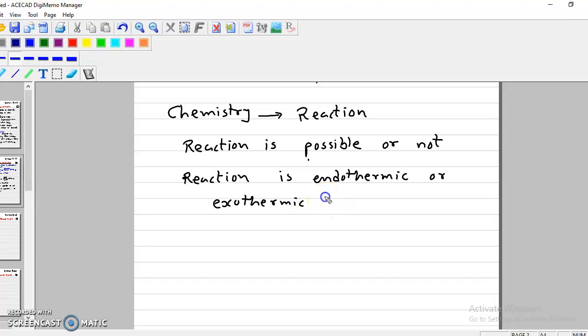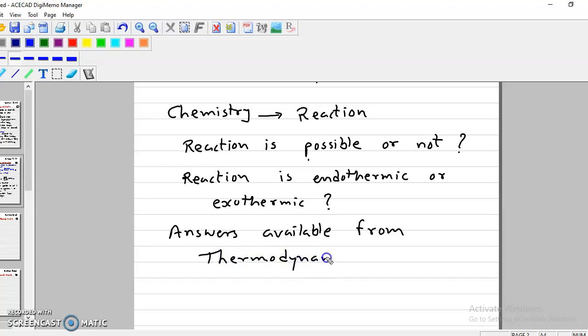So these two are the most important questions of any chemistry. And we get answers to these questions from thermodynamics. So thermodynamics is a very important topic of chemistry, which gives us answers to these two questions.